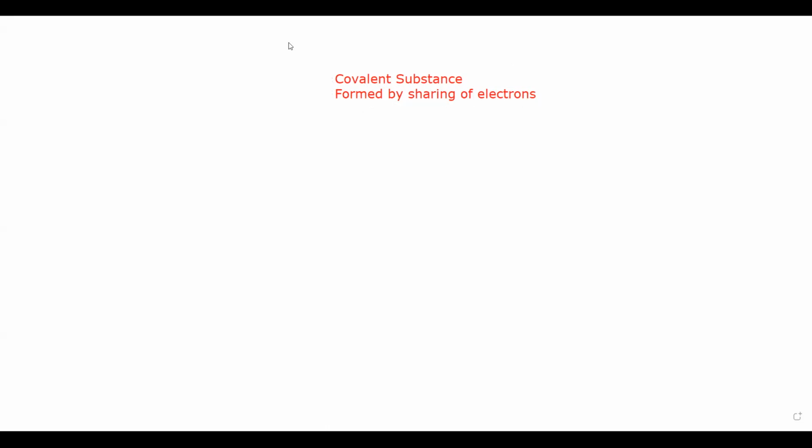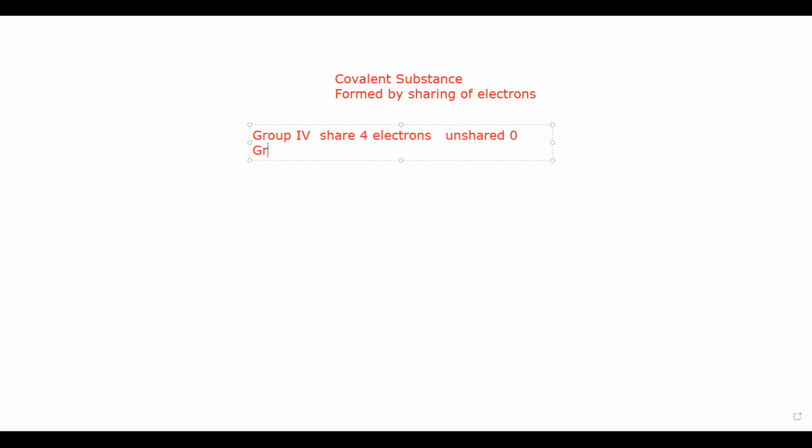And you have to keep this table in mind, because it's about the non-metals. If it is a group 4 non-metal, it will share 4 electrons. All 4 electrons will be shared, and unshared will be 0. There will be no unshared electrons from group 4.